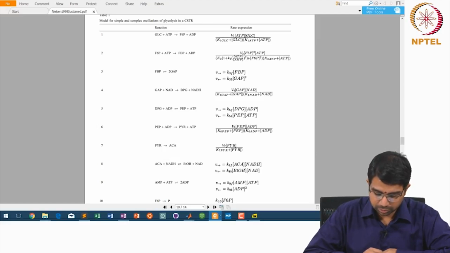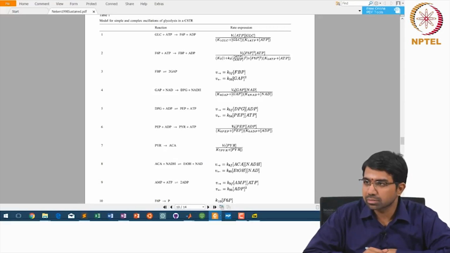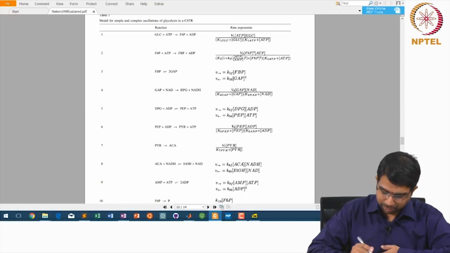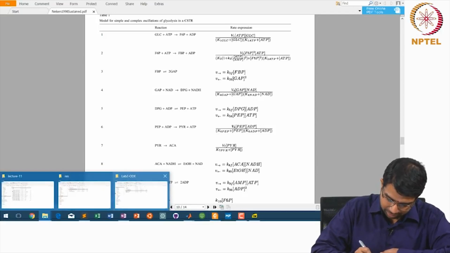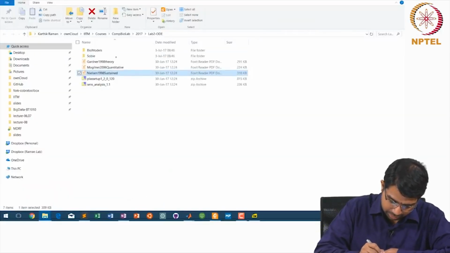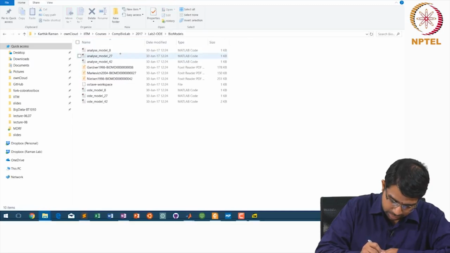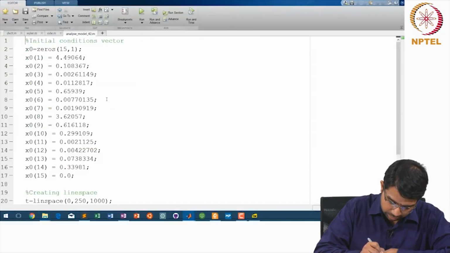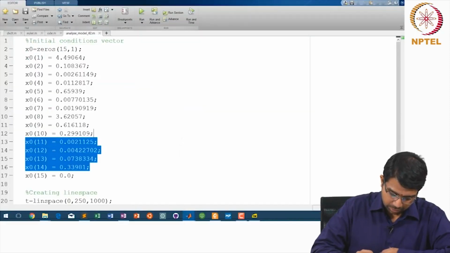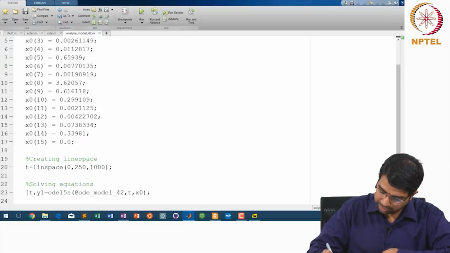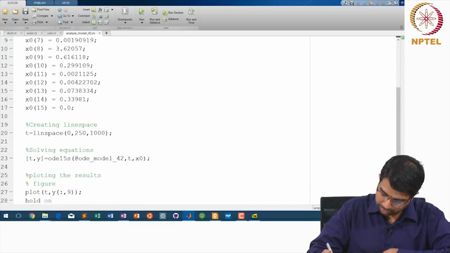But while coding it, we have to hand code everything. So thankfully somebody has already done this. This kind of a file is available from biomodels.net.